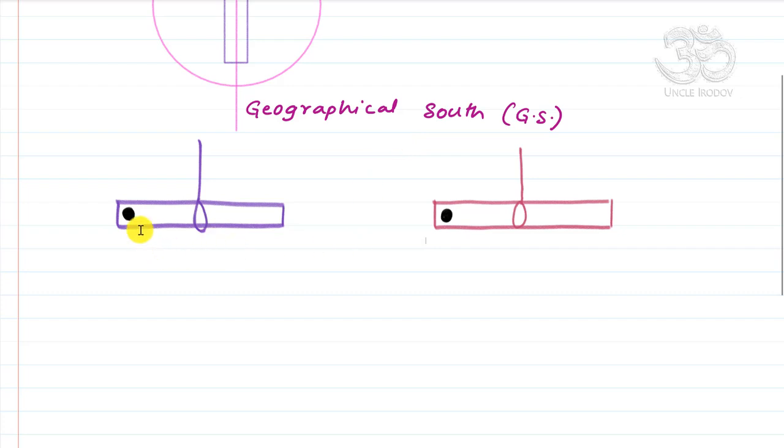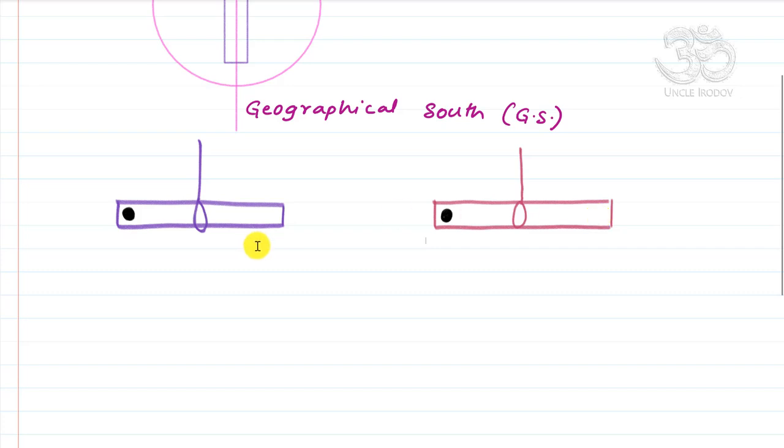Now we have the charcoal marked ends which were going towards Earth's north, so they should be similar to each other. And the other sides, because they were going towards Earth's south, should be similar to each other, which are the non-charcoal marked ends.